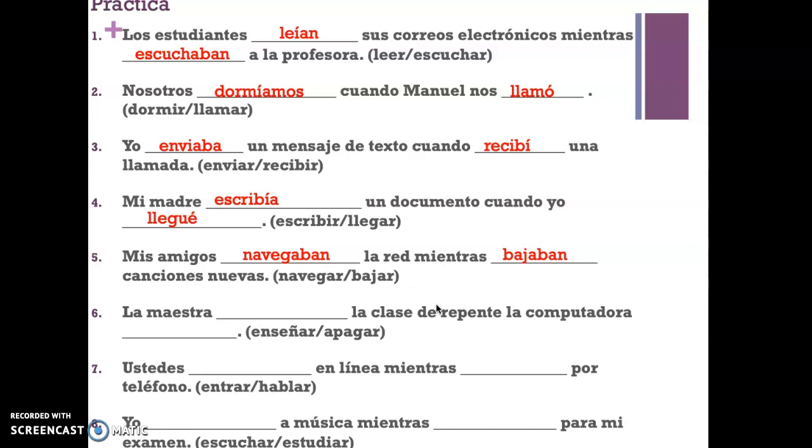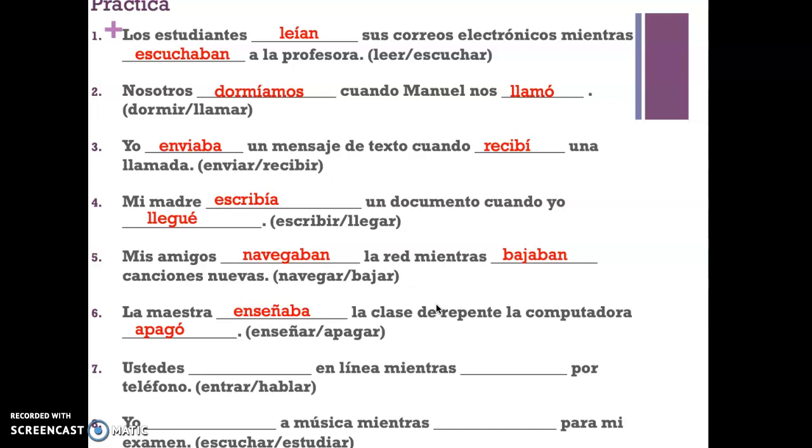Now there's an interruption to her lesson as her computer has shut down. The ongoing event should be the imperfect, and the computer turning off should be the preterite tense because that only happens once. So you should have la maestra enseñaba la clase. De repente la computadora apagó. The computer shut down.